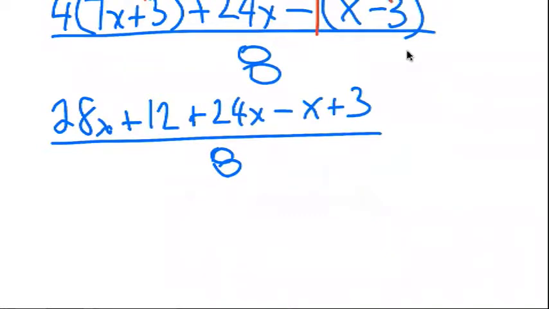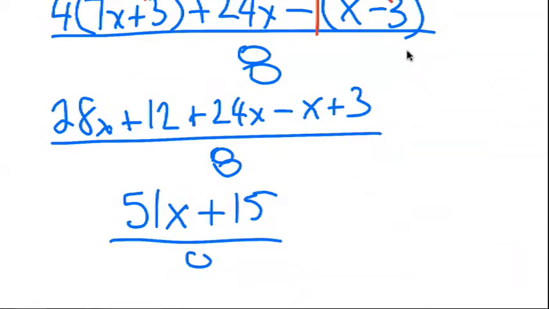Combine my like terms, 28 and 24. 28 and 24 is 52. Minus 1 is 51, 51x. And then 12 and 3 is 15, all over 8.